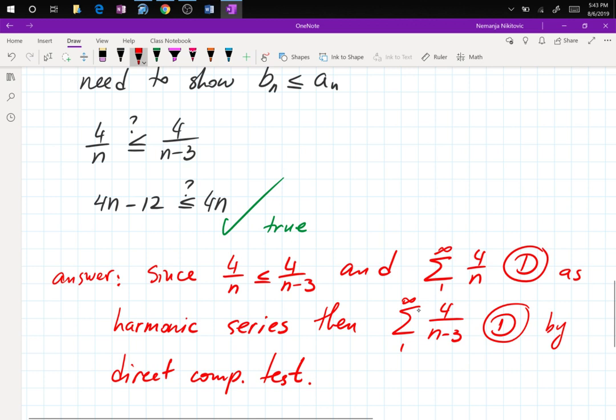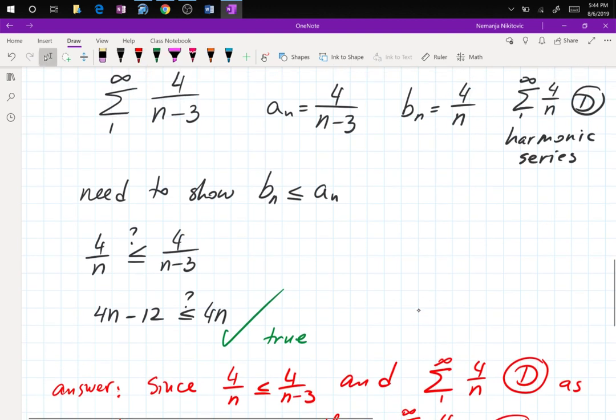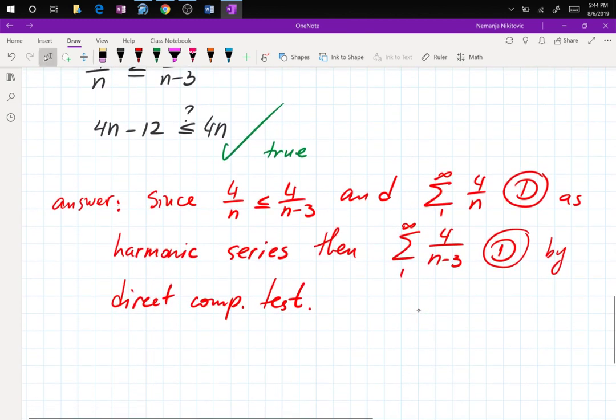Now, direct comparison test is very rarely used because the more powerful friend, called the limit comparison test, steals the spotlight 99% of the time. Obviously, if the problem says use direct comparison test, then you have to use direct comparison test. The reason why people don't use direct comparison test is because you have to do this proof every time to show that either A is larger than B or B is larger than A. And that proof is the one that a lot of people don't want to do.